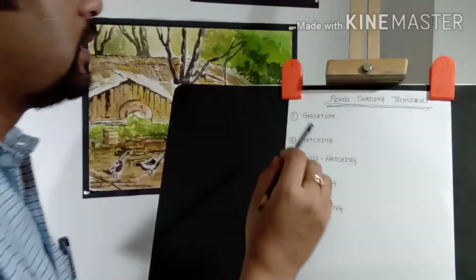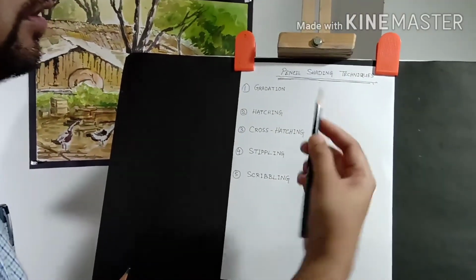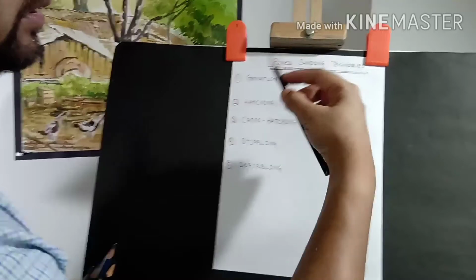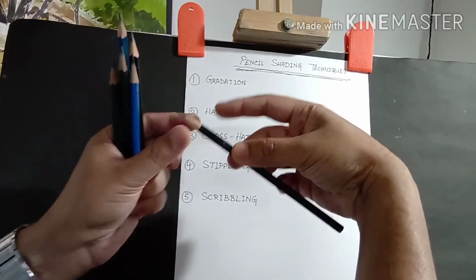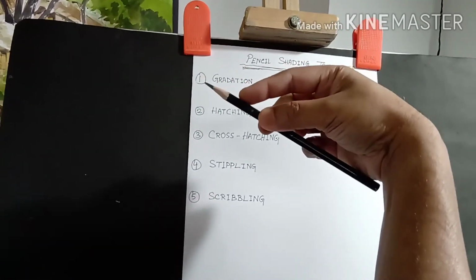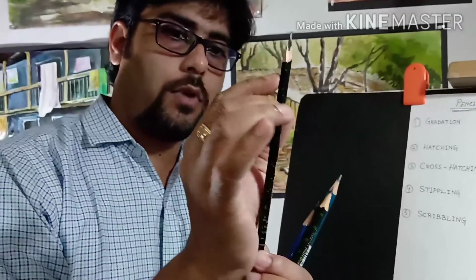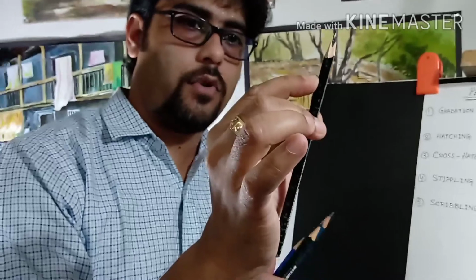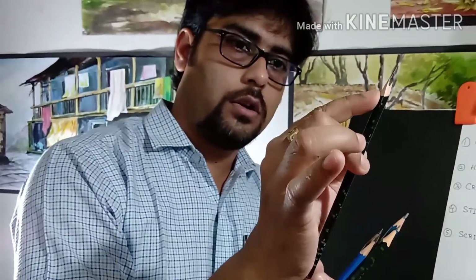Okay, the first technique is gradation. What is gradation? With the pencil, always follow my hand. I hold this pencil with these 2 fingers, and this finger on the top. Okay, so I just hold it like this. As you can see, this is the technique for holding the pencil for shading. Your thumb and middle finger hold it, and this finger is on the top.